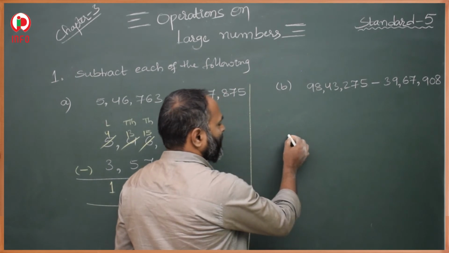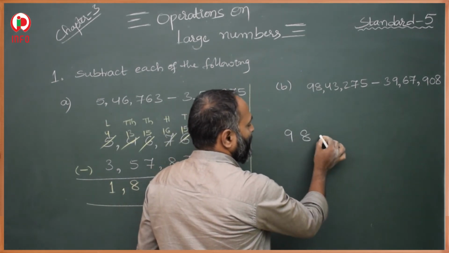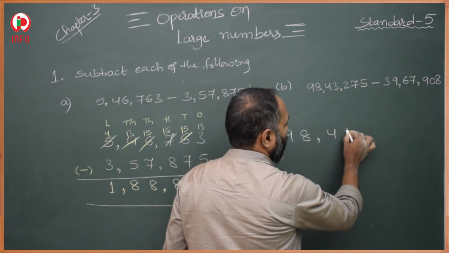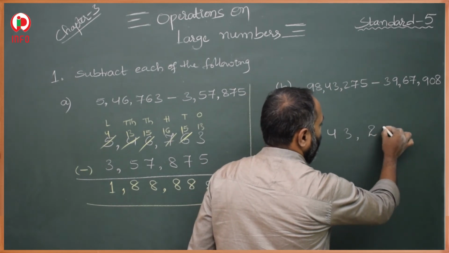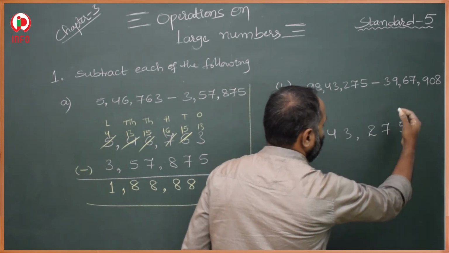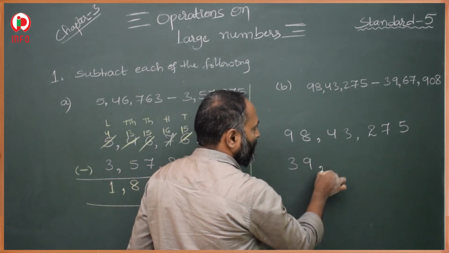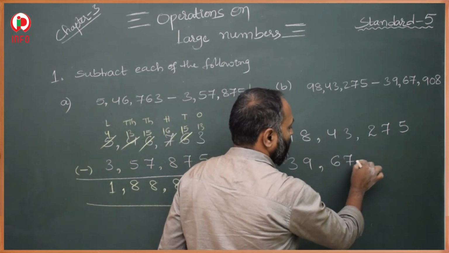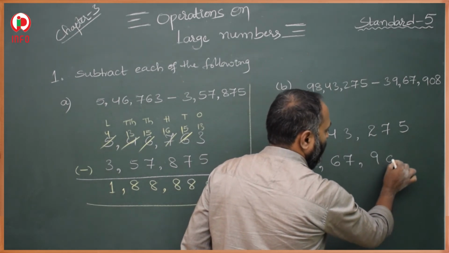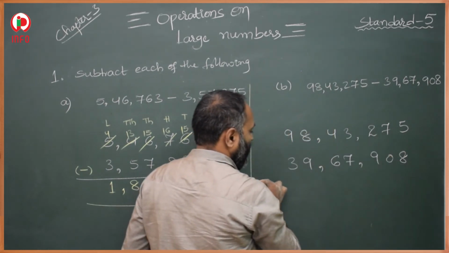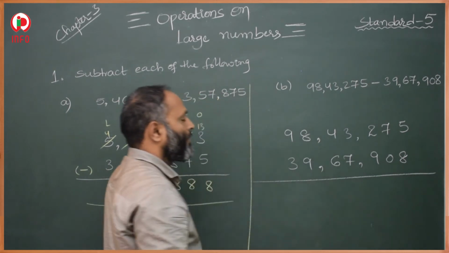Now you take 98,43,275. Then 39,67,908. This is our subtrahend.